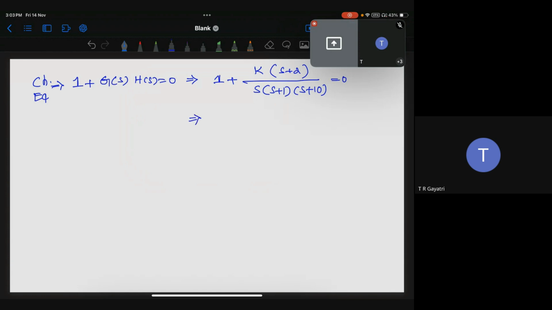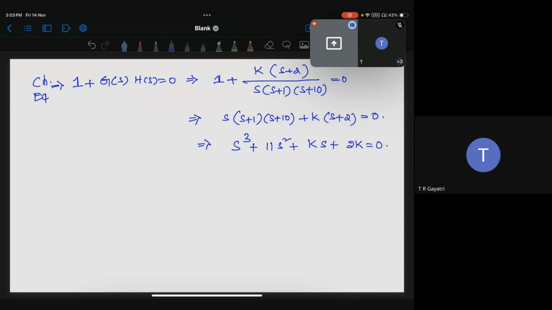So if you get that, s(s plus 1)(s plus 10) plus K(s plus 2) equal to 0. Simplification would give you s cube plus 11s square plus Ks plus 2K. Please check this.